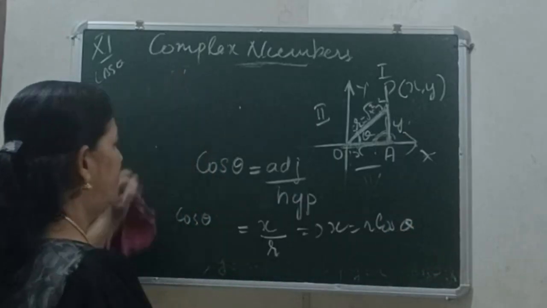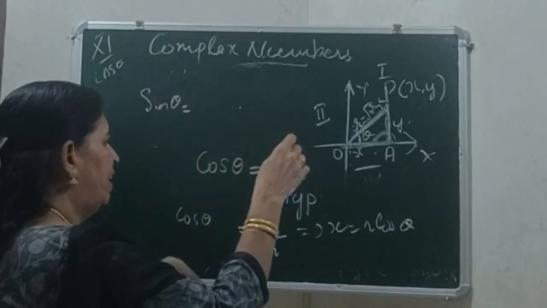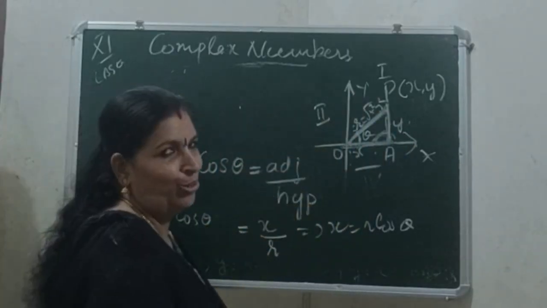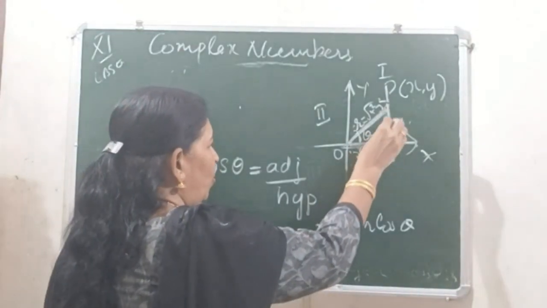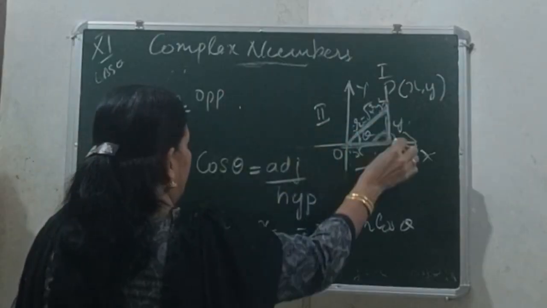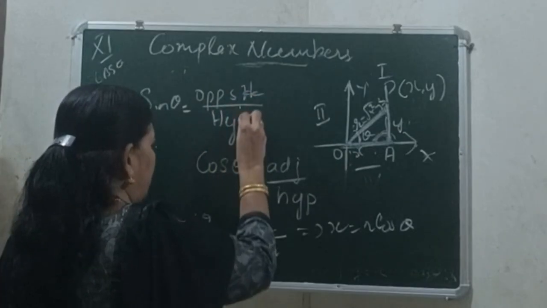Similarly, we can find sin theta in the right-angled triangle OAP. Sin theta equals opposite side by hypotenuse.